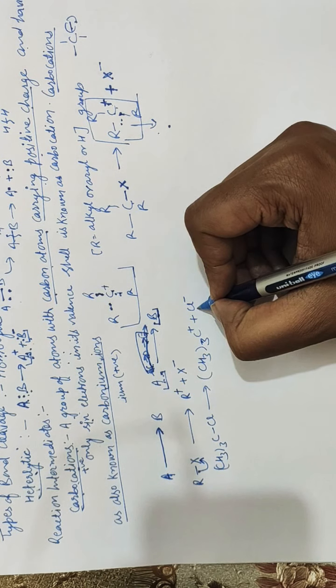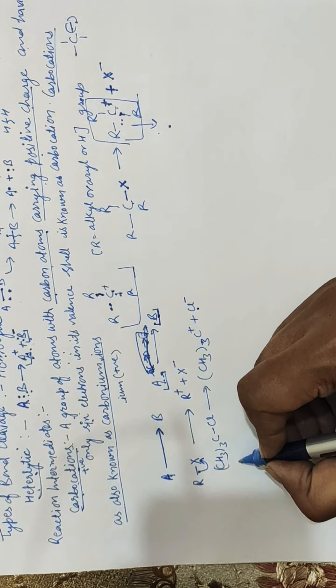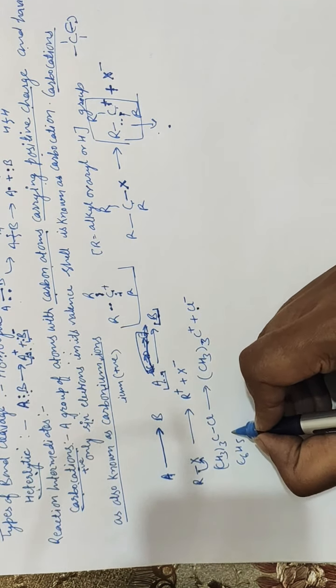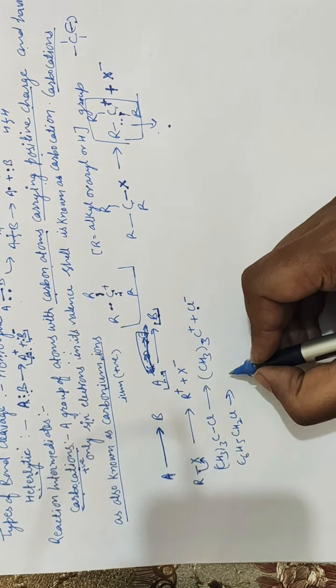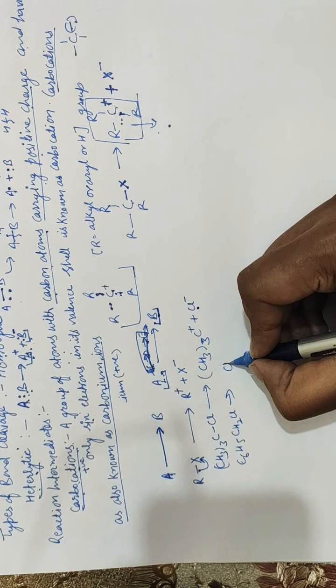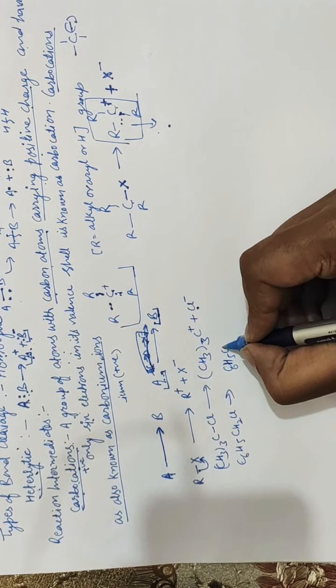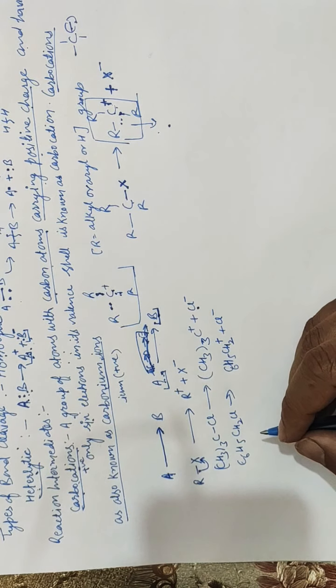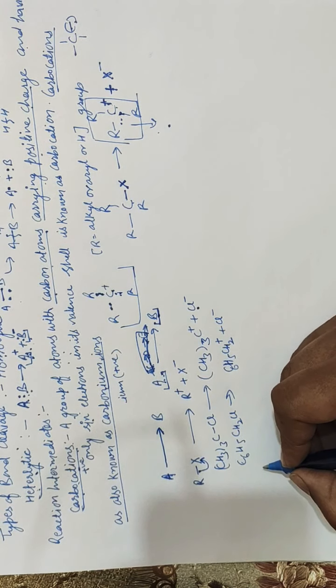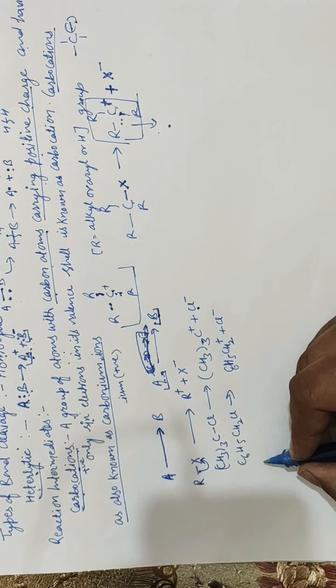There are many more examples, like benzyl chloride. This is called benzyl chloride, and it will undergo heterolysis to form the benzyl carbocation. Similarly, further, allyl chloride.